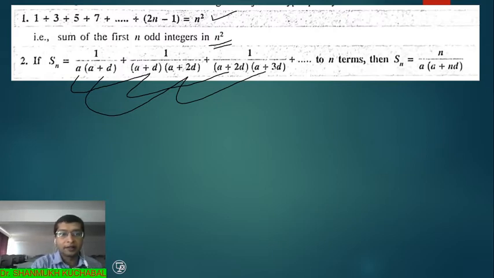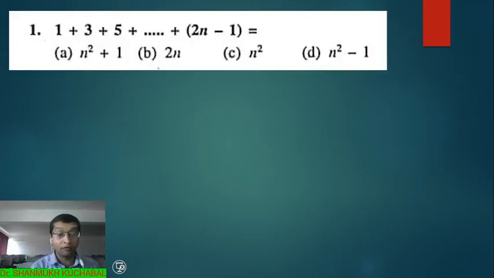See, it is an arithmetic progression. The denominator is an arithmetic progression. Its sum of n terms is given by the expression Sn equal to n divided by a into a plus nd. Okay, these are two series we frequently use, so take it as a note.